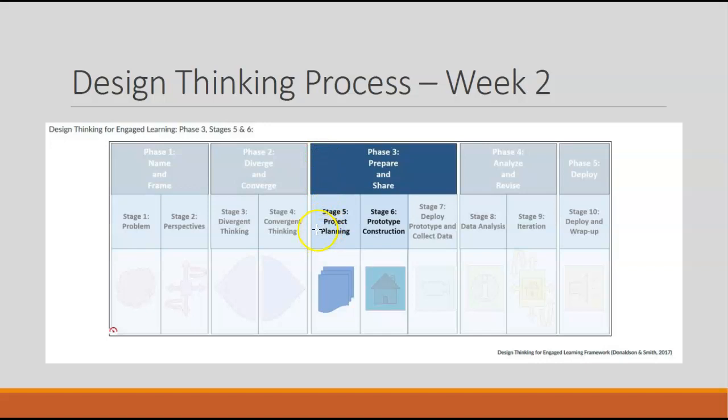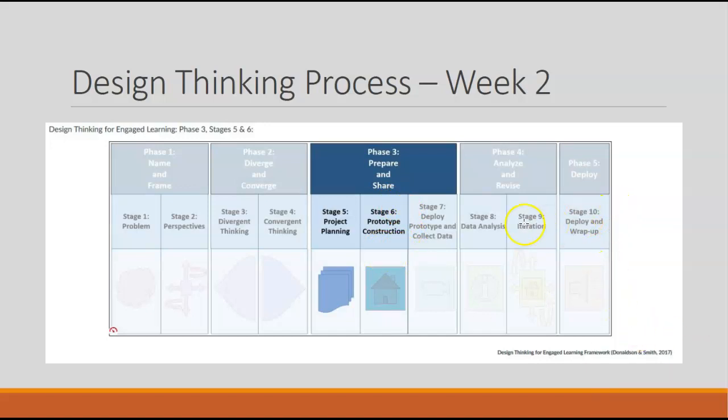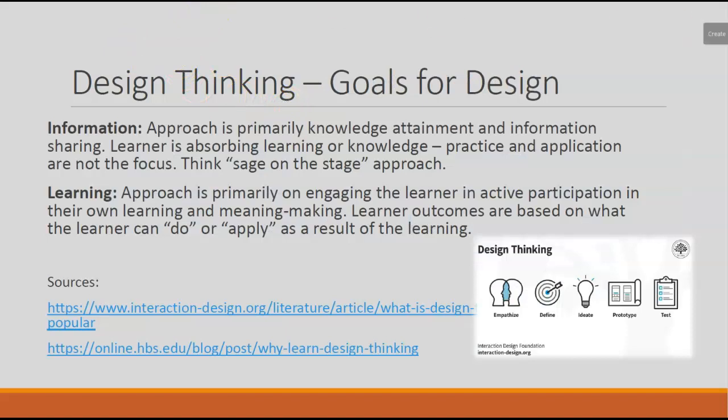So we're going to be doing the slice of your learning concept, getting a prototype using some of the tools we've been learning online, and then in the next few weeks we're going to be moving into iterations of your prototype and user testing.